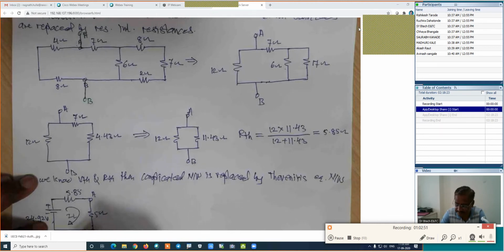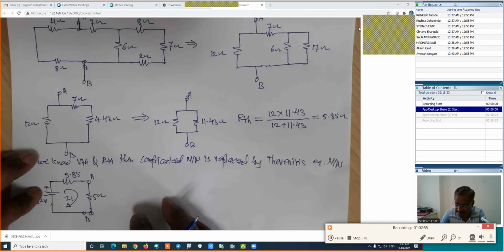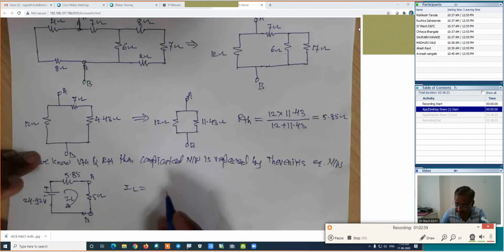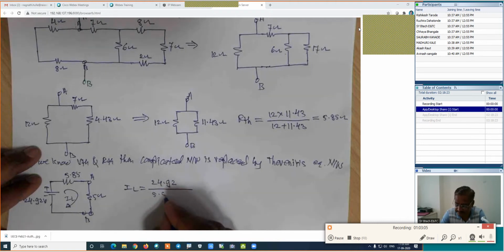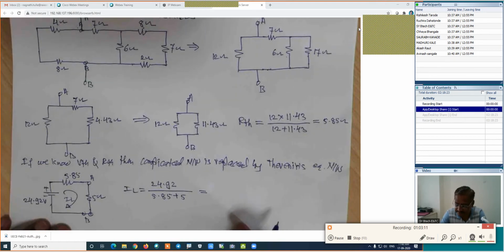First calculate the current, and then we will calculate the power. IL is equal to 24.92 divided by 5.85 plus 5. First find out its current. How much is the current?